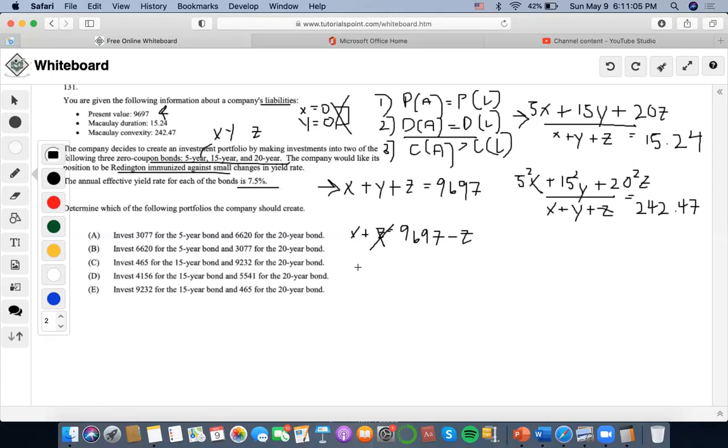Since x is equal to 9697 minus z, I'm going to take this, plus 15y, where y is 0, and then 20z equal to this, and then we're going to distribute this.